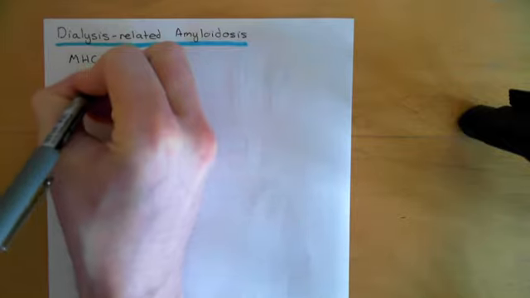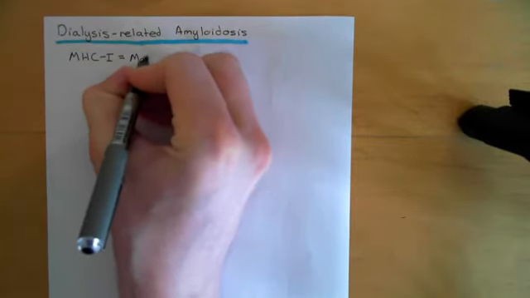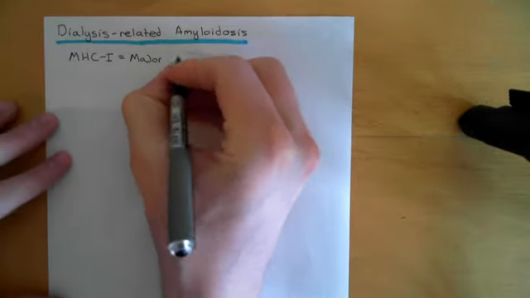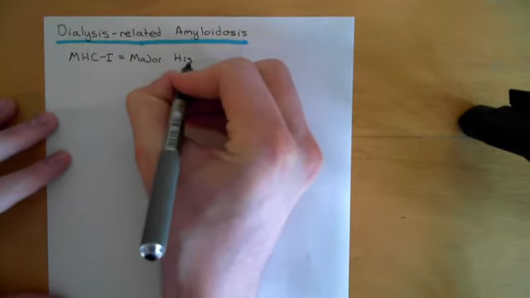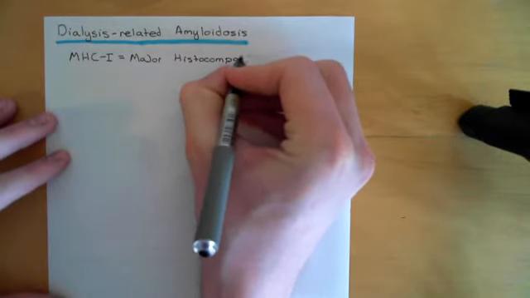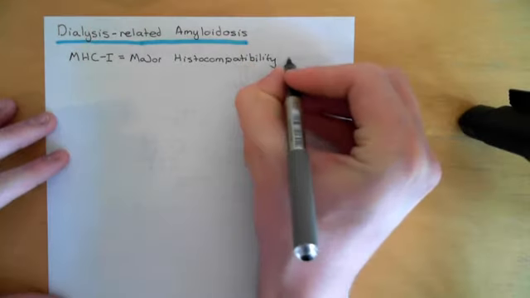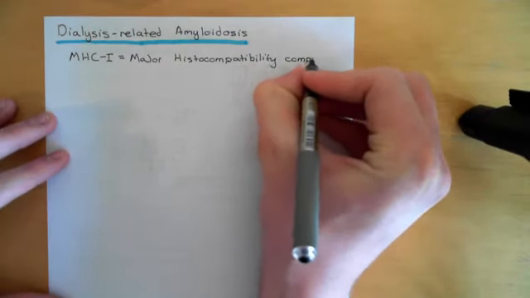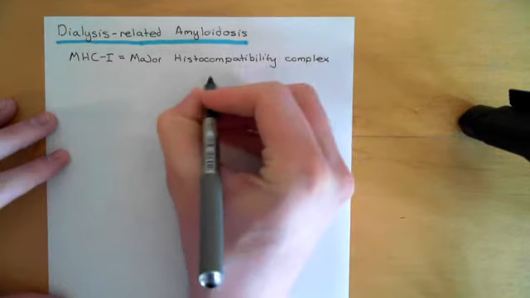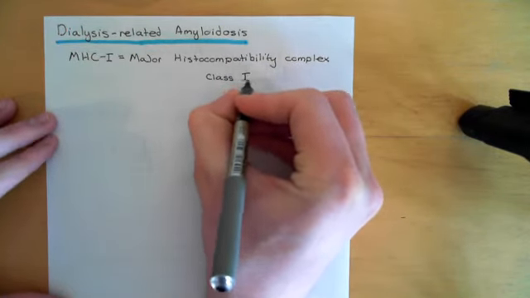This is an extremely important protein complex in immunology. It stands for the major, that's the M, histocompatibility, that's the H, and then the C is for complex. This is the major histocompatibility complex class 1, and there is also the major histocompatibility complex class 2.